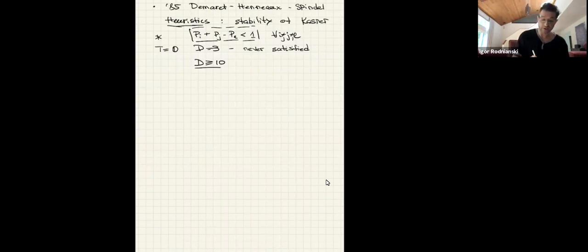Now, it turns out when you have a scalar field, because of that extra flexibility, you can find Kasner exponents which satisfy this condition in any dimension bigger than or equal to 3. Okay. So now let me state the theorem.